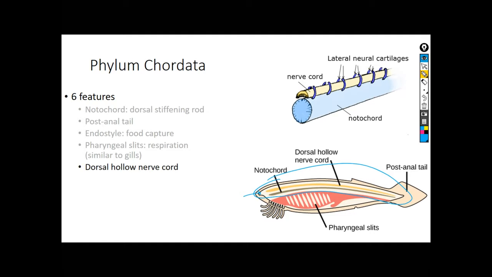Remember, dorsal means my back. So the fact that it's the dorsal hollow nerve cord means it's the most dorsal thing, the furthest towards the back on this organism. Let's call it this mustard colored thing. In this organism, these are not actually the color, of course.